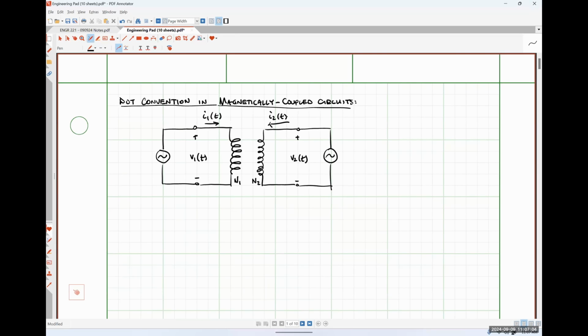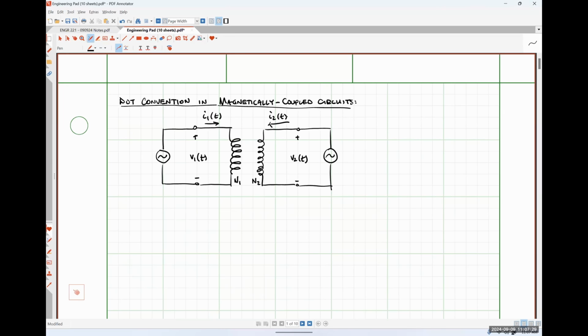Now, I mentioned in our last class meeting that the direction of the fluxes can be additive or subtractive. So we have to effectively have some information about the directions the coil is wound, whether clockwise or counterclockwise, in order to make sense of what's going on in our system. Well, that type of information is not very easily relayed on a schematic diagram.